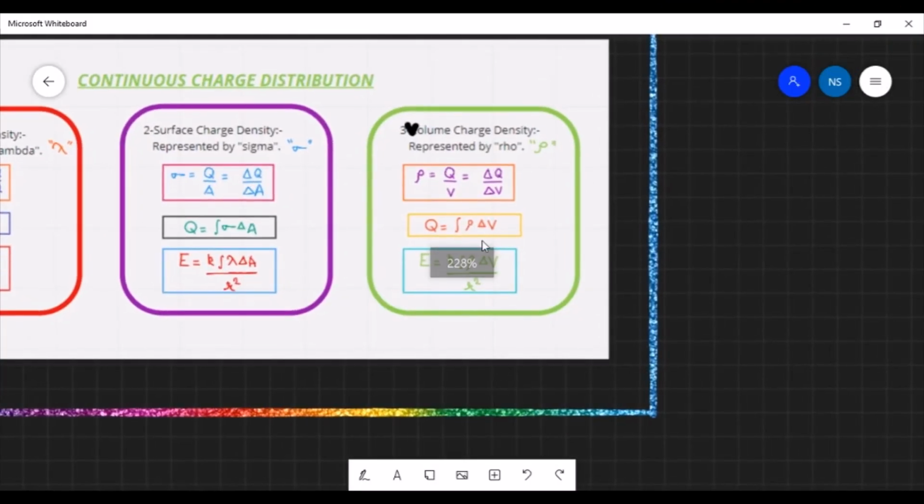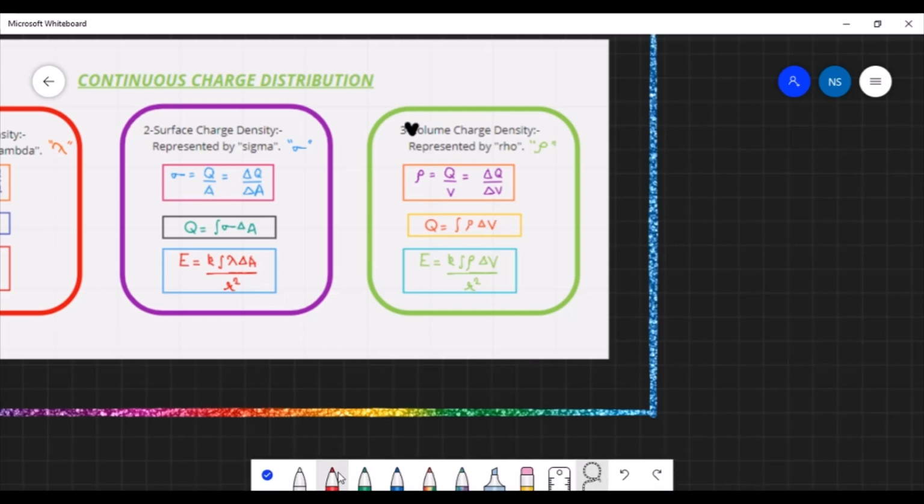So now let us understand what volume charge density is. Again it is the same thing as the other charge densities, just one thing will be different. In this case let us take a sphere. Now again the same thing which I told in surface charge density.